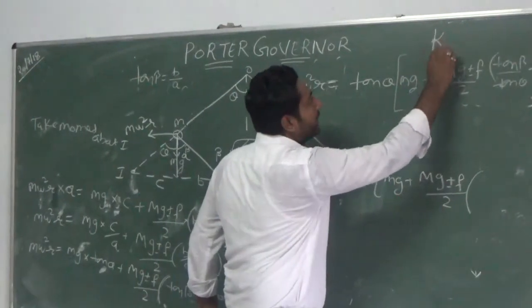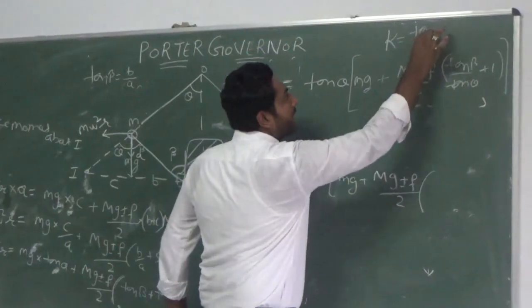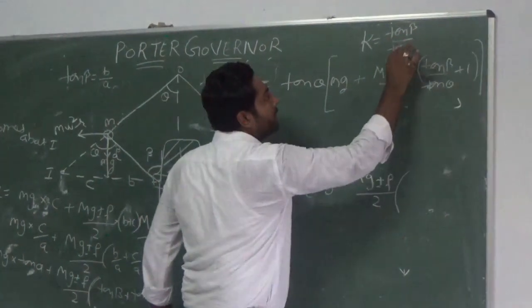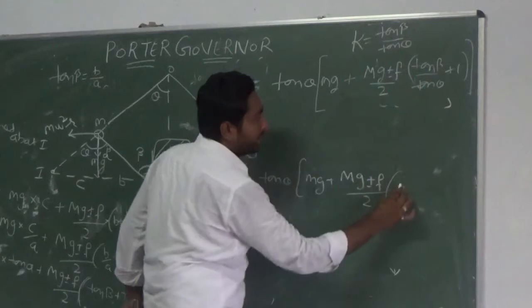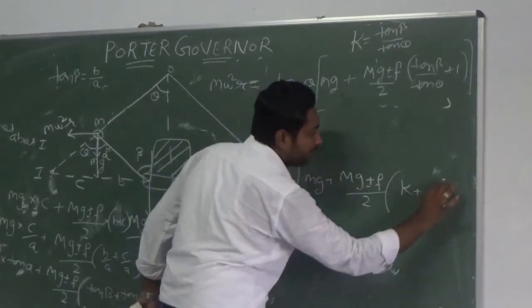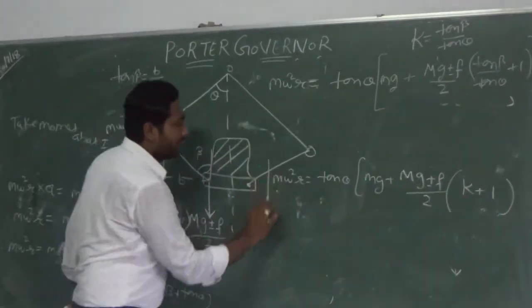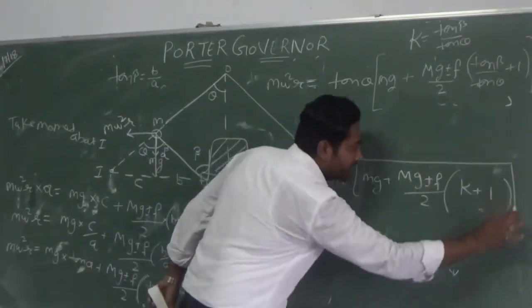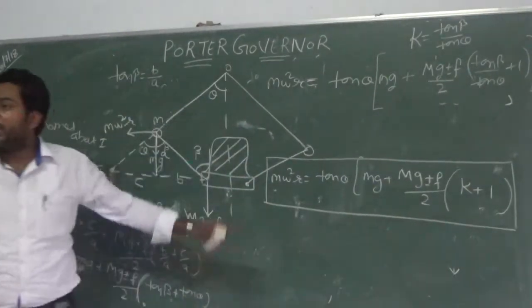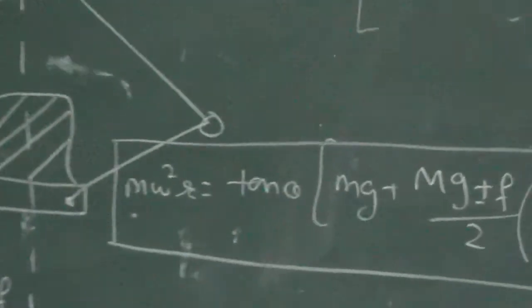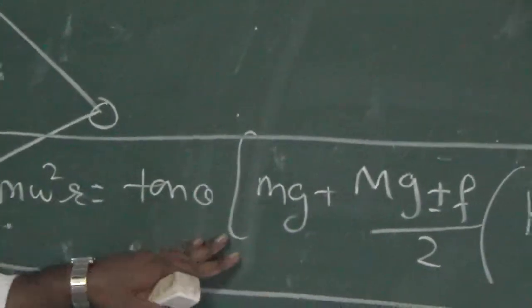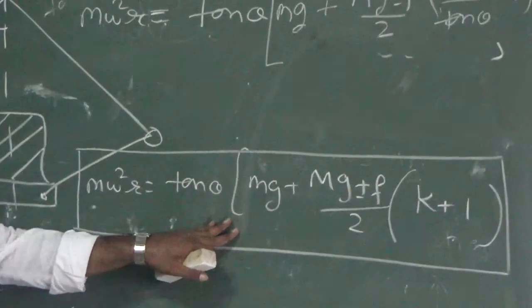K is equal to tan beta upon tan theta. K plus 1. Note this equation is used in numericals.